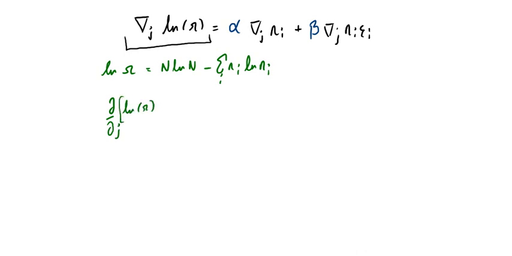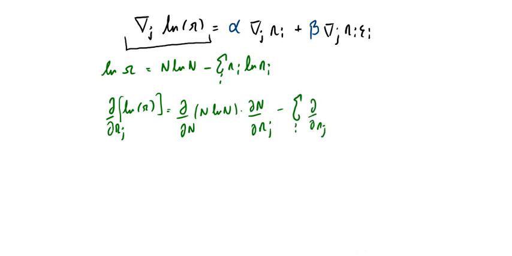So if we take the partial here, it becomes n ln n times delta n over delta n_j, minus the summation over i of delta over delta n_j of n_i ln n_i. So this is the partial that we have to do.